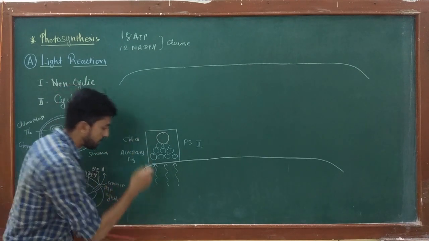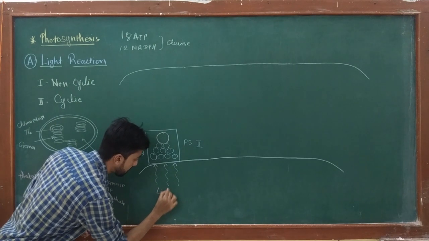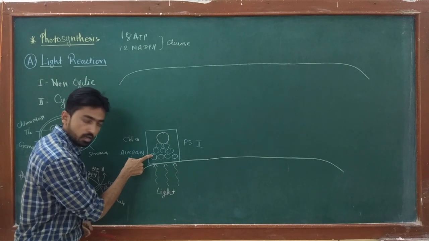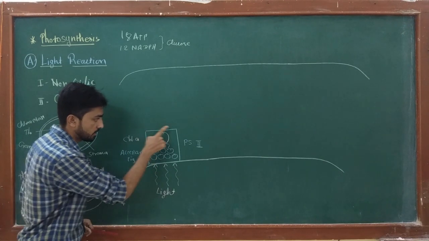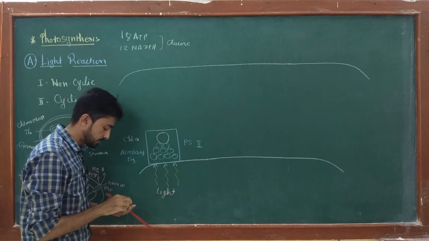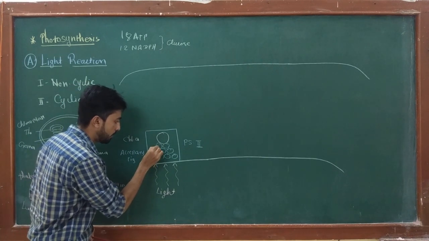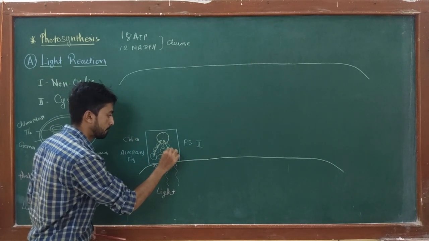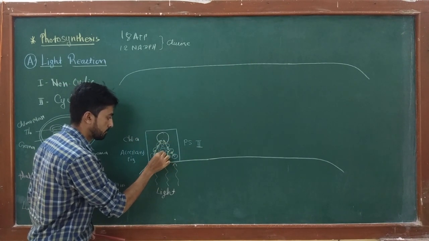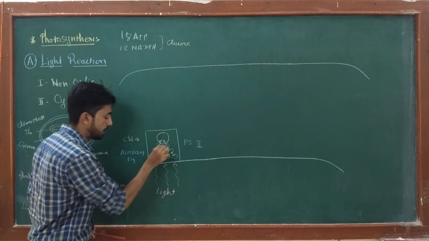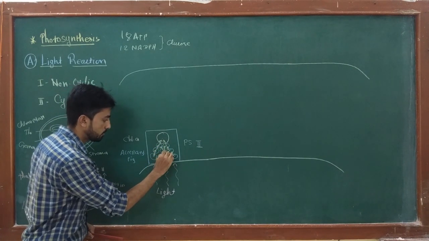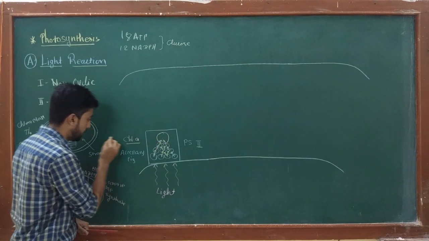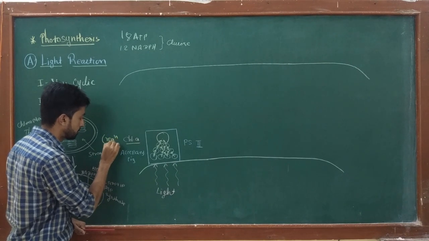So different types of light energy are initially absorbed by these accessory pigments present in photosystem 2, and then this light energy is transported by every pigment towards chlorophyll A. The arrow shows the movement of energy from the accessory pigment to the essential pigment chlorophyll A. This chlorophyll A is called the reaction center.